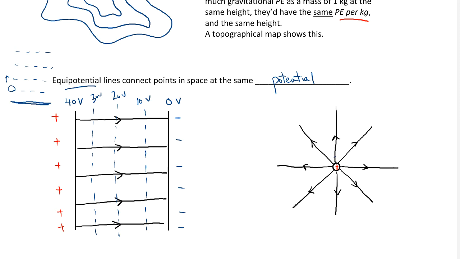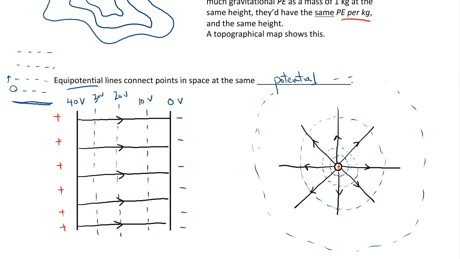So the equipotential lines are going to form concentric circles, because that's the only way that they can be perpendicular to all the field lines, and they're going to get more spaced out from each other as we go outwards. So they start off closer together, and then they get further and further spaced out as we go. So then the next one might be out here, for example. Okay, so concentric circles getting further and further spaced out.